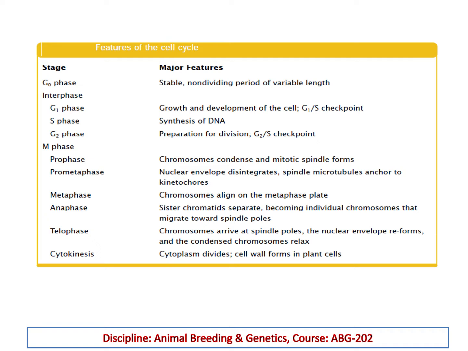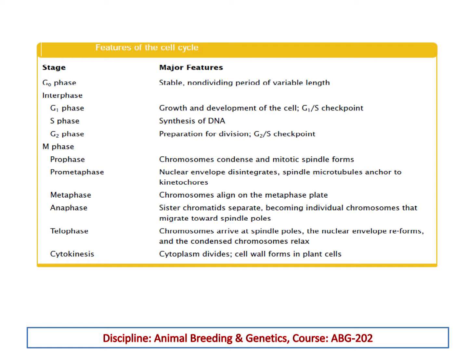During the prophase, chromosomes condense and the mitotic spindle forms, as I have shown you in the previous slide. Then in the pro-metaphase, the nuclear envelope is going to disintegrate. So there will be no nuclear envelope.